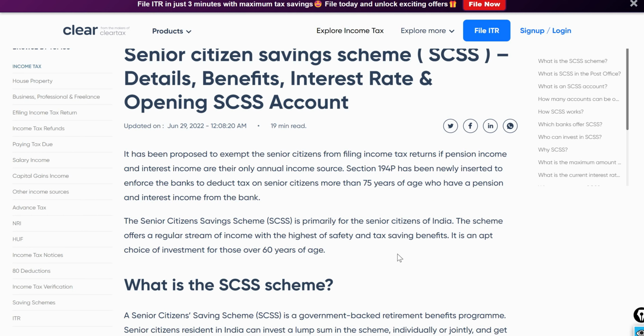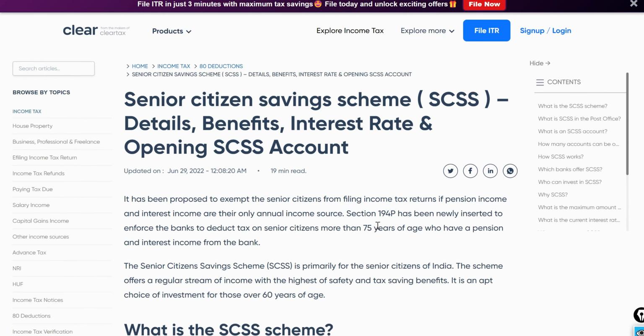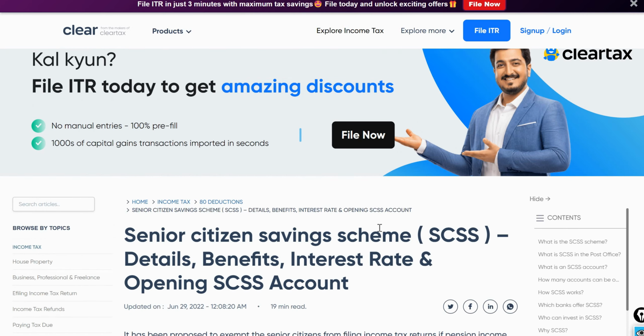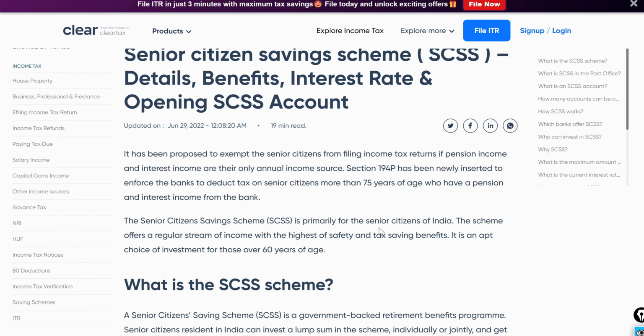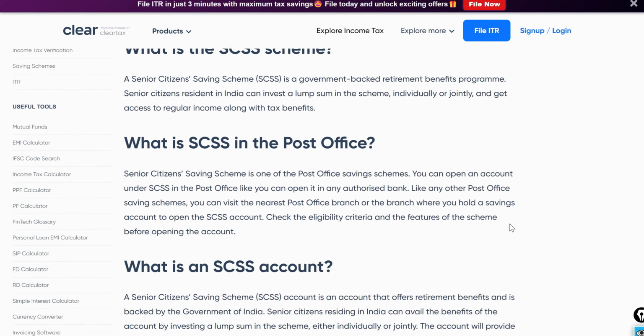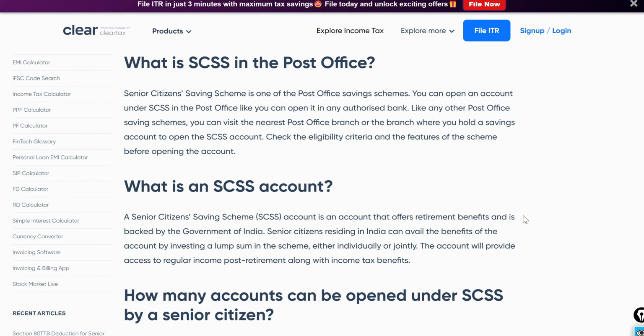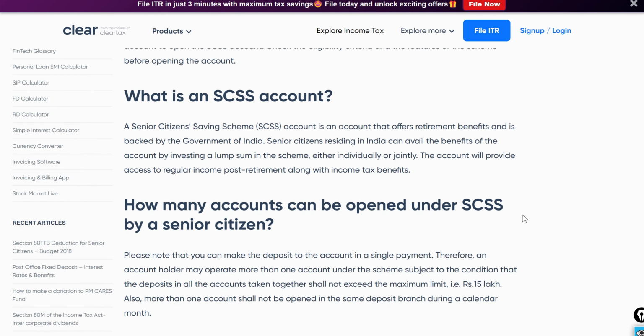We have to start this scheme within a limited time after retirement, when you are getting the gratuity, PPF and pension funds from the employer. Within that limited time we have to deposit. And we can start this scheme in authorized banks and in the post office.